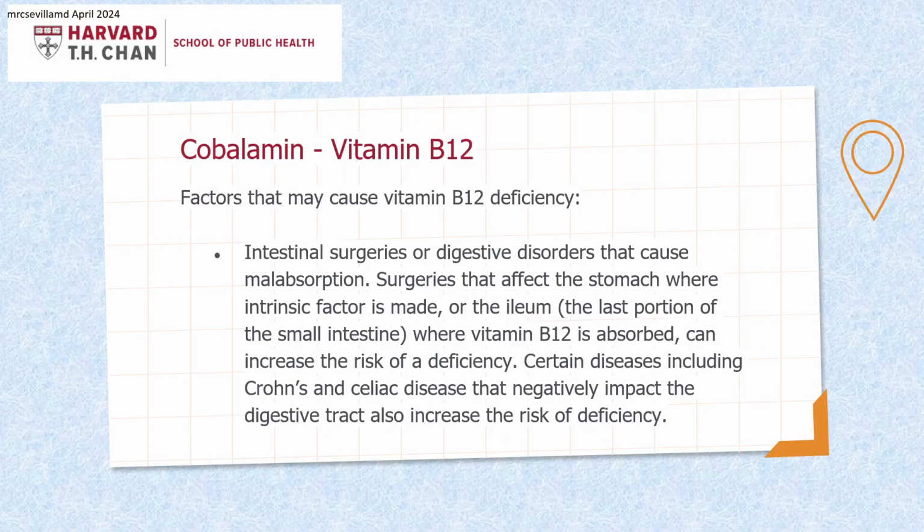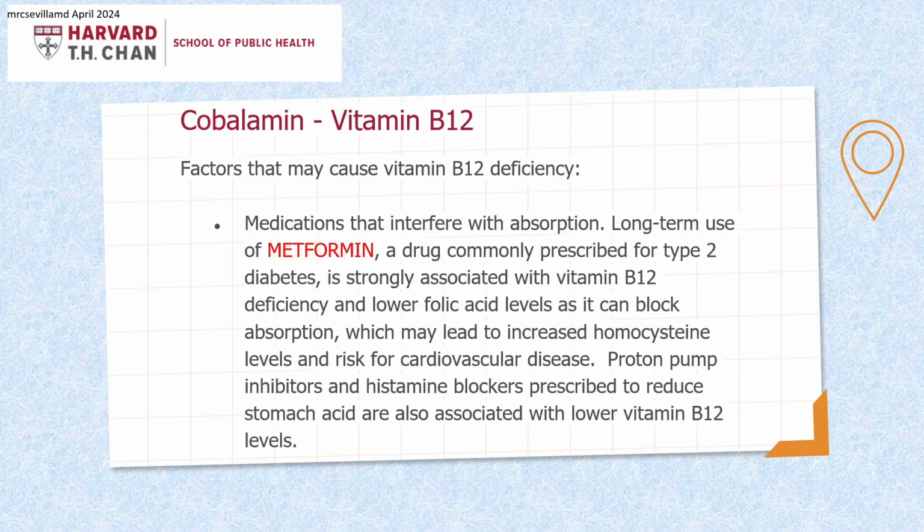Any type of intestinal surgery which results in a shorter intestinal tract may decrease vitamin B12 absorption. Finally, commonly ingested medications such as metformin can block vitamin B12 absorption and may lead to elevated homocysteine levels and increased risk for cardiovascular events.